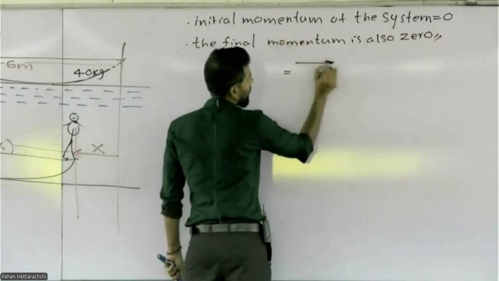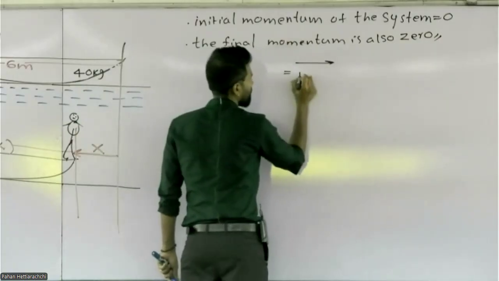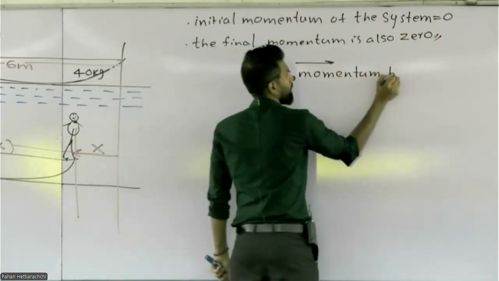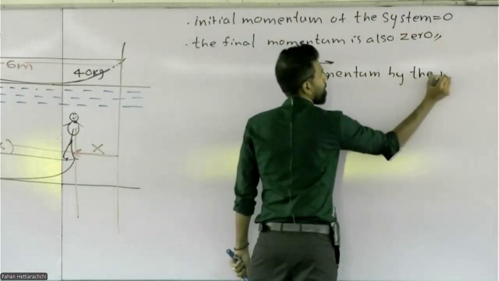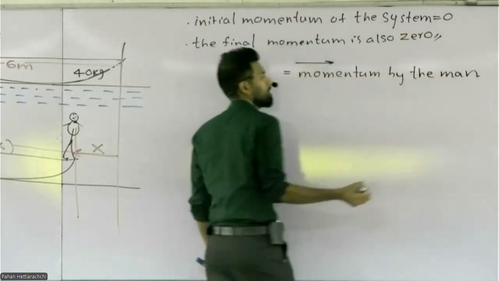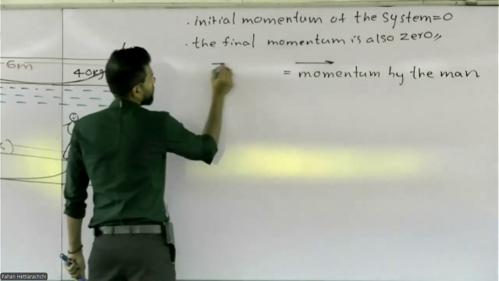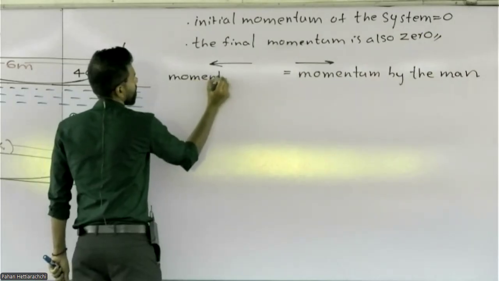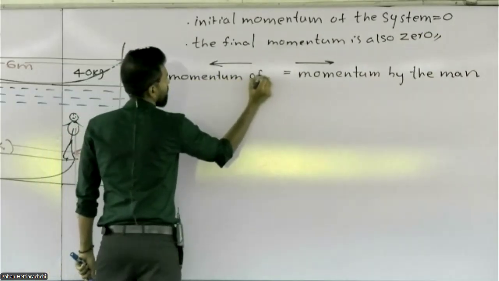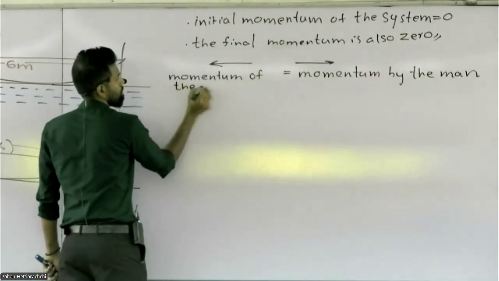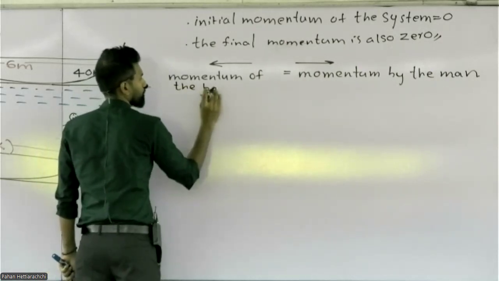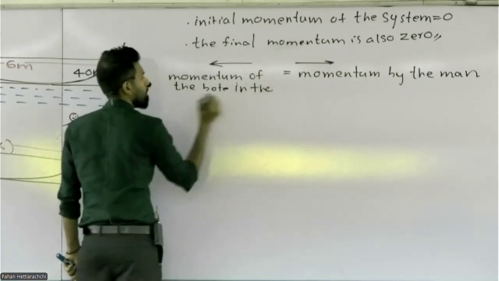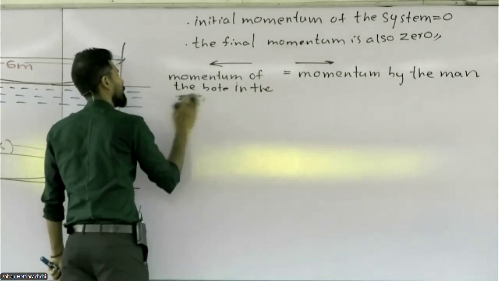So the momentum created by the man in the forward direction should cancel out with the momentum of the boat in the backward direction.